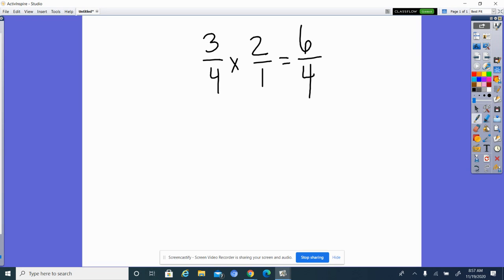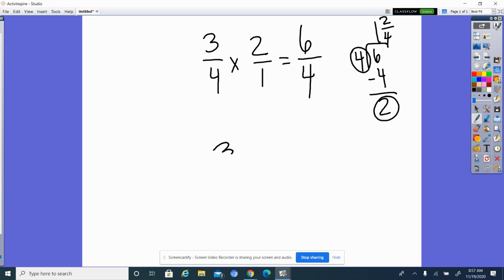Did we get 6/4? We did get 6/4. Can we leave it? No. 6 divided by 4 is what? 1. 1 times 4 is 4, subtract. That now becomes my numerator and my divisor is my denominator. Okay, everybody see that? Yes.